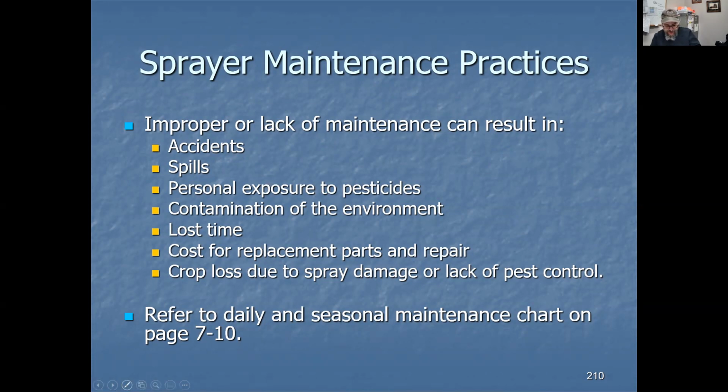On page 10, there's a checklist here. It has daily maintenance and seasonal maintenance. So you can go through that and see what should be maintained on a daily basis and what needs to be checked on a seasonal basis.